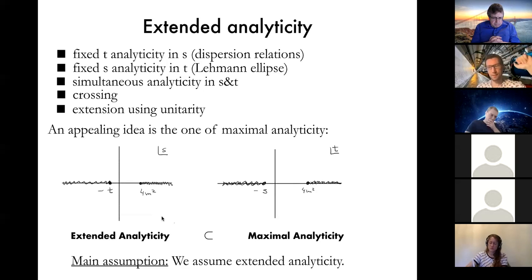Are the anomalous thresholds always on the second sheet? No, they are on the principal sheet, but they do not appear, at least in the known examples. It's a very interesting topic, this anomalous threshold. In known examples, they appear only if you scatter not the lightest particles. If you have a lightest particle and then you scatter something which is heavier, then you might run into anomalous thresholds.